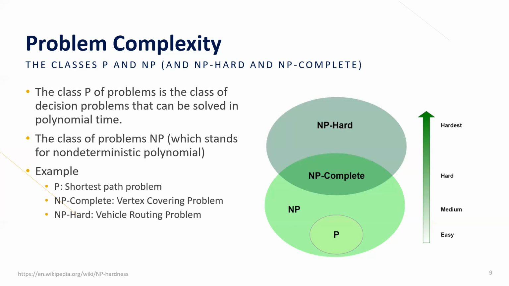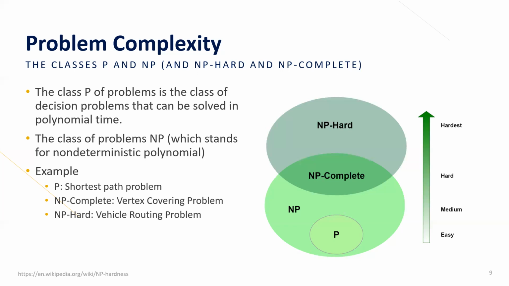Okay, and then we have in between this one. Those are the two polarizations, right? The one that is easy or not complex is commonly categorized as P, or polynomial type of problems. And the one that is mildly or medium to hard in difficulty is normally categorized as NP, or non-polynomial.